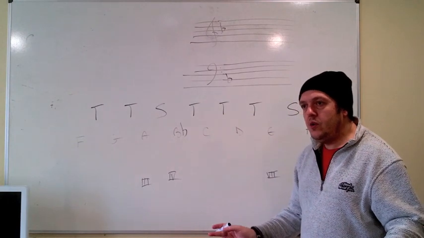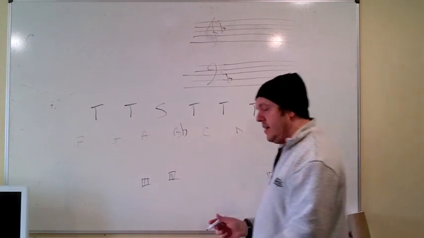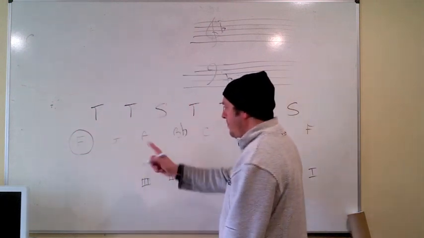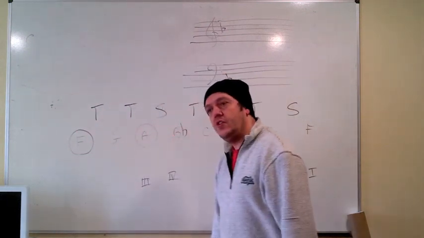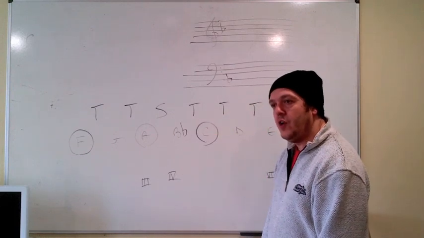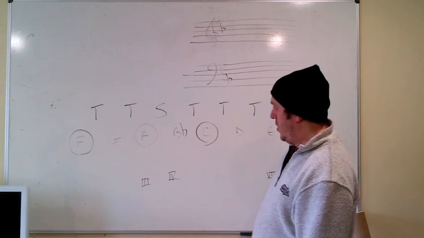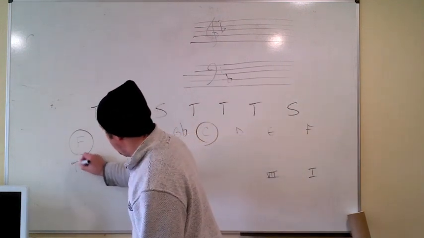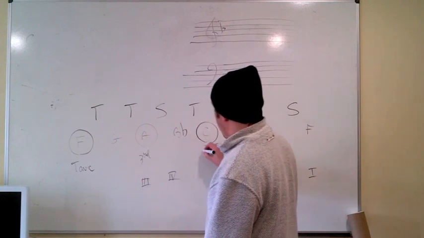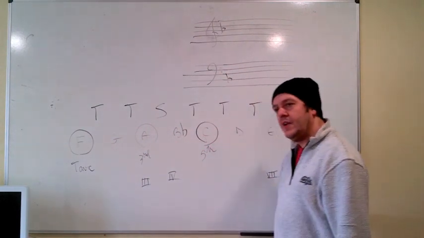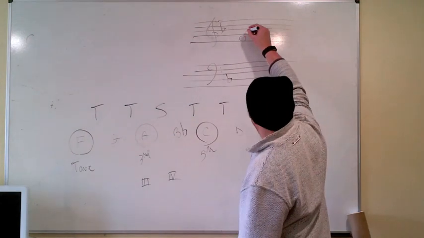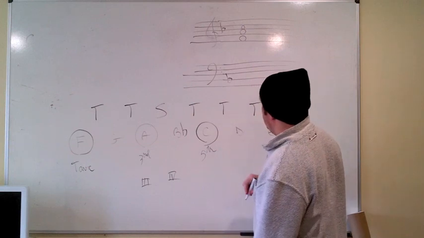All you need to do to get the tonic triad is to take the first note, the third note, and the fifth note. And it walks up. The tonic, the third, and the fifth. Tonic, third, and fifth give you the tonic triad.